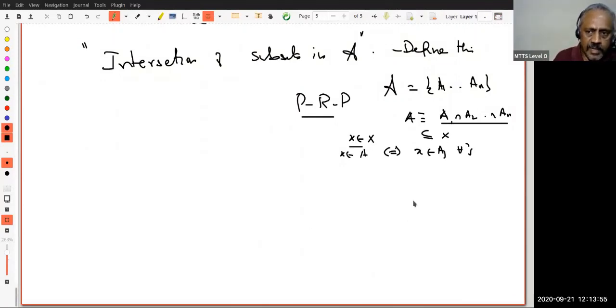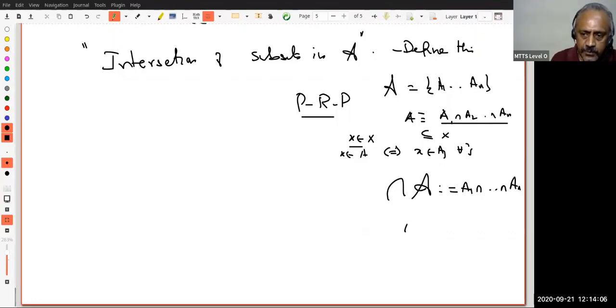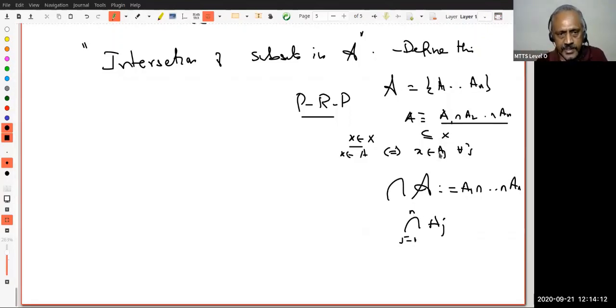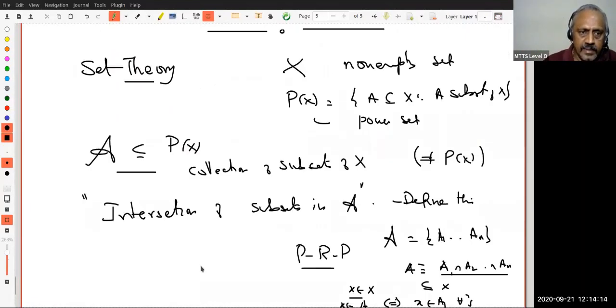Now I will define this as script A, which is A1 intersection up to An. This is just a notation. Traditionally, you may write it as the intersection of Aj, j equal to 1 to n, just because you listed the elements A1 to An. But let's go back. Script A is a collection. There is nothing like a list. I do not know how you collected them.